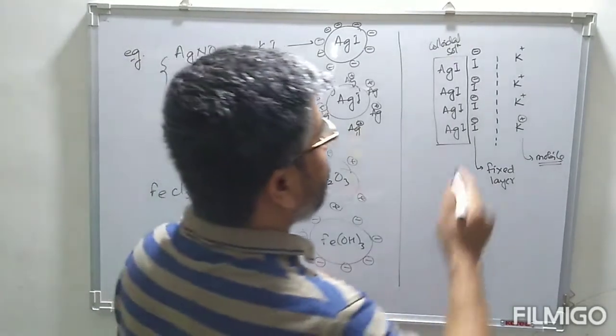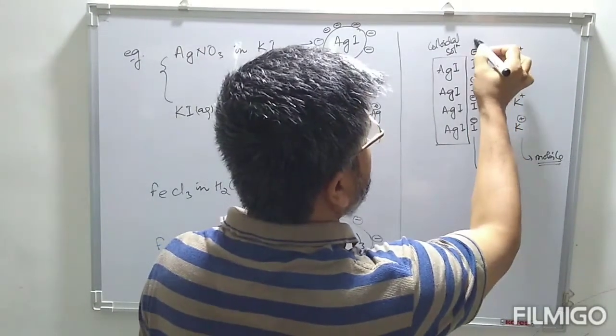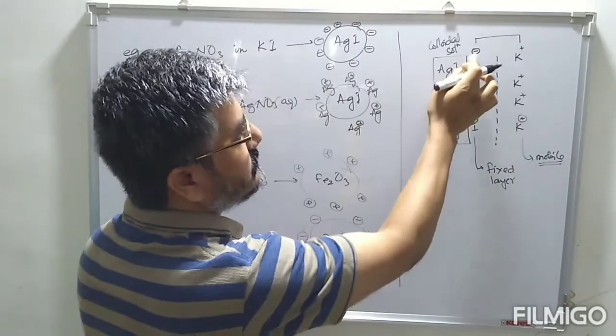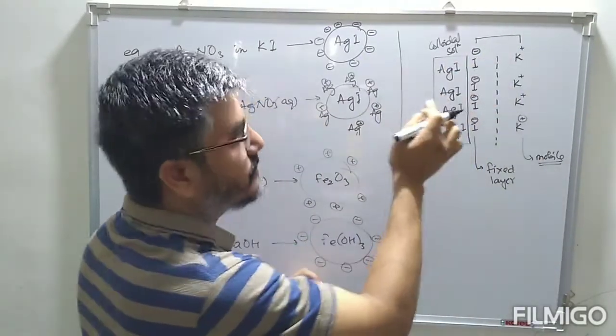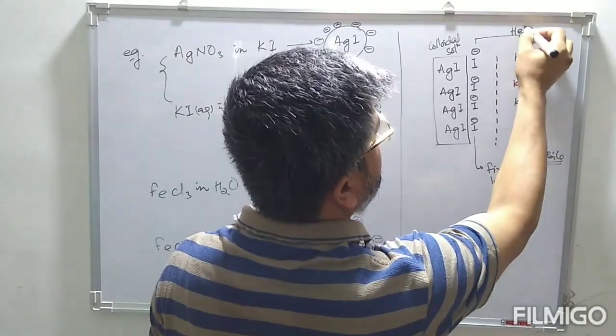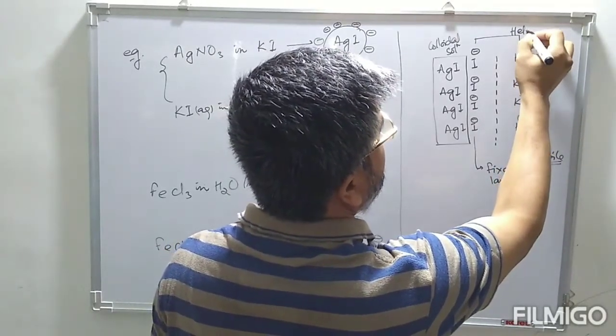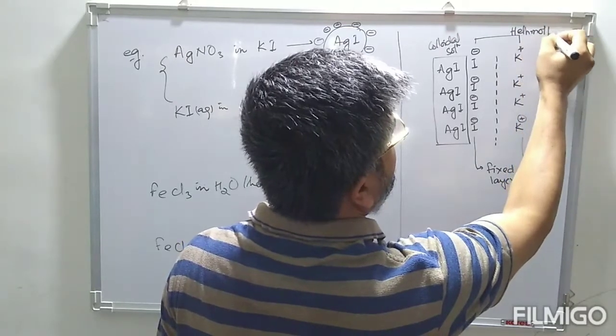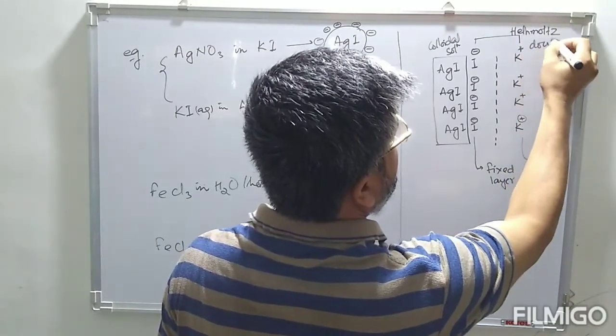Now this development of double charge. So we have a double charge, negative and positive. This is known as Helmholtz double layer.